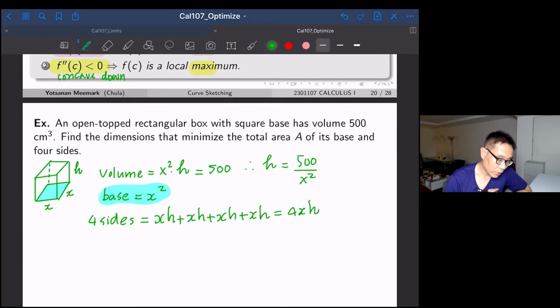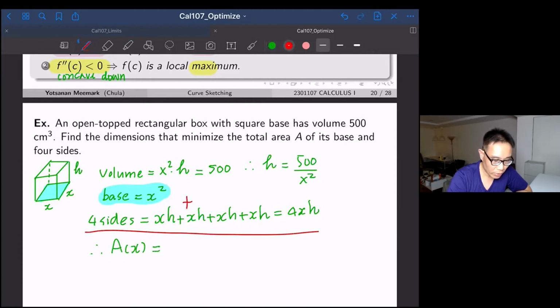So you're going to get the area A(x) equal to the sum of these two, which is x squared plus 4xh.